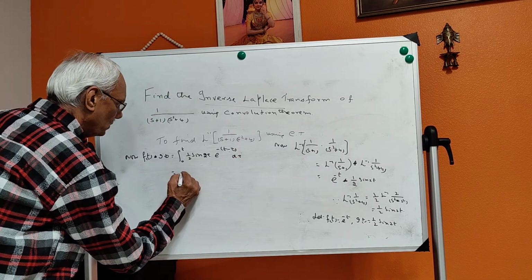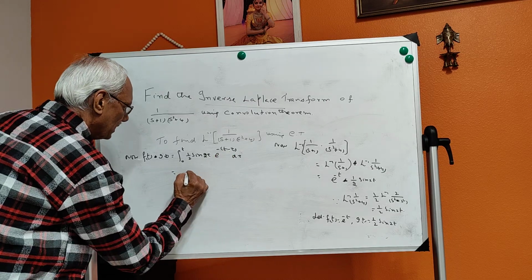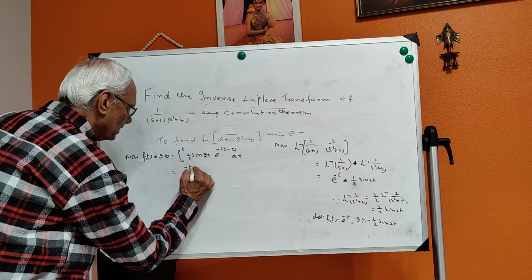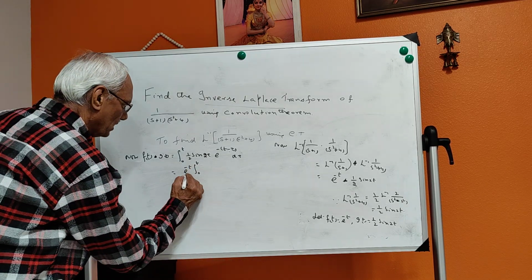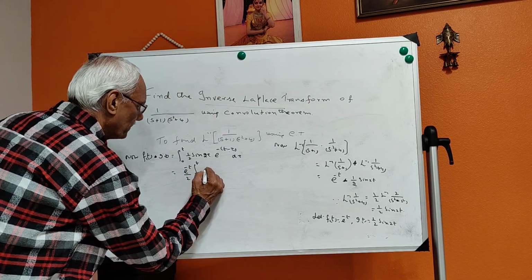So this is equal to e to the power of minus t into the integral from 0 to t, you can take this half also outside.